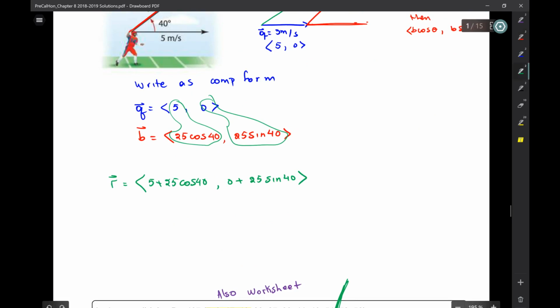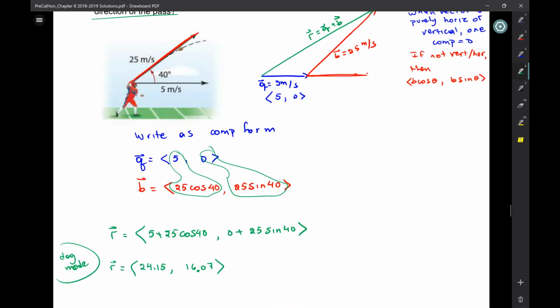You're going to write this as 5 plus 25 cosine 40. You literally put it in your calculator in degree mode, and you get 24.15, 16.07. I will specify the place value.